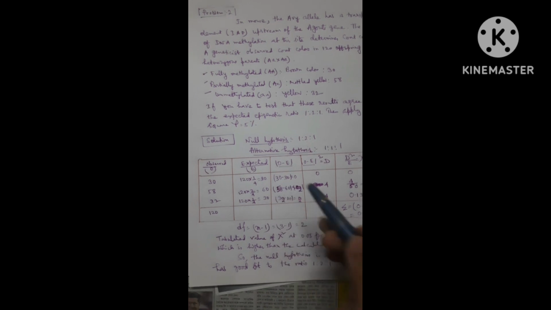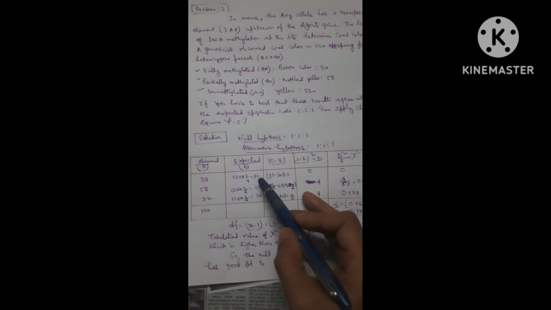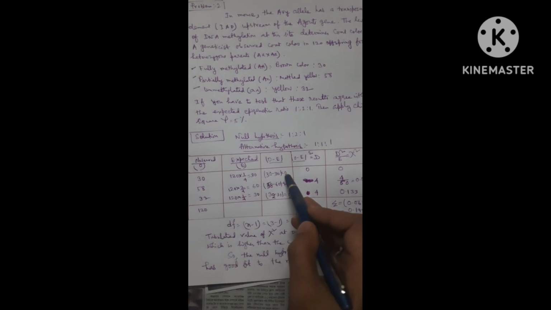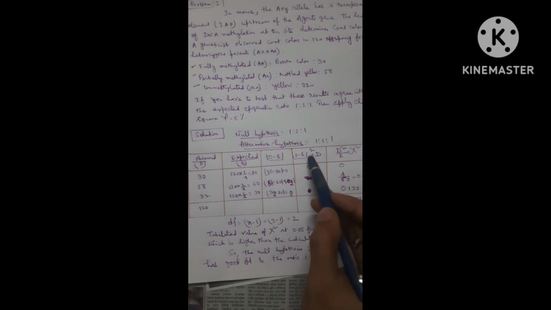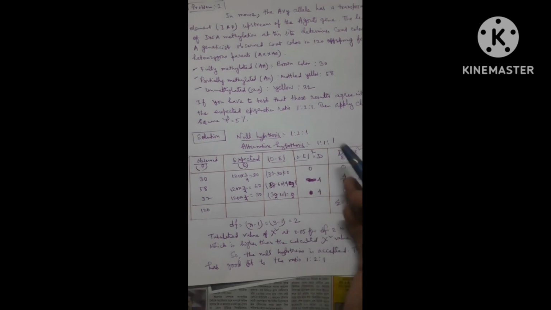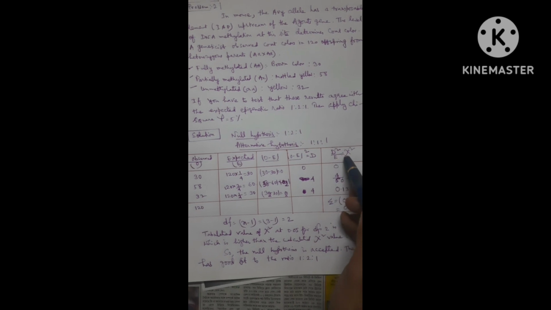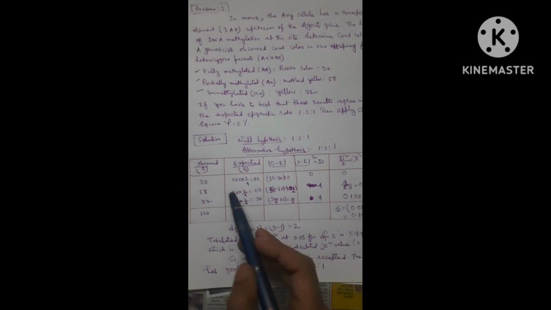Okay, so now O minus E means 30 minus 30 is 0. Now D means O minus E whole square, 0 square is 0. Okay, and chi-square is D square by E, 0, simple.